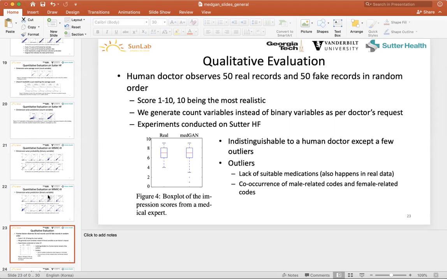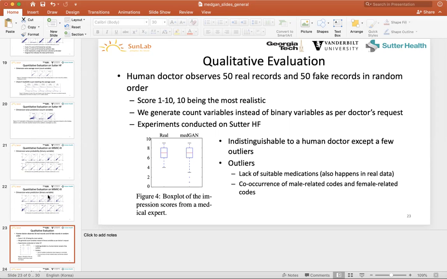So another way to do it is to ask a medical expert to just look at the data and see how real they look. So we asked a fellow doctor, an actual physician. What we did is we randomly sampled 50 real samples and 50 fake samples, and then we shuffled them.